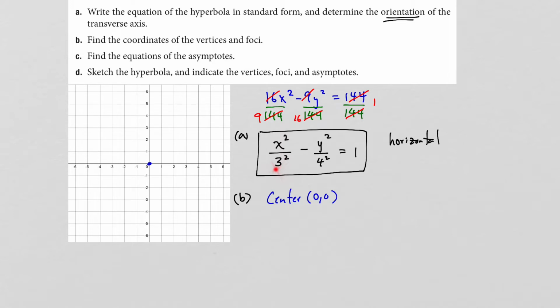And it's that number 3 that matters. And what that means is from the center, we are going to put a point 3 units to the right and also 3 units to the left. The exact same way you would do if you were graphing an ellipse. And then under the y variable, we had 16 here, which is 4 squared. So from the center, we are going to go 4 units up and 4 units down.